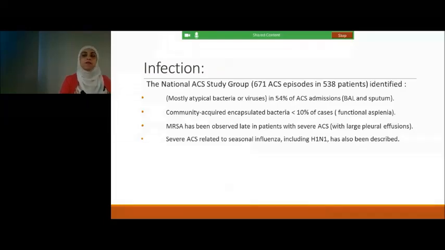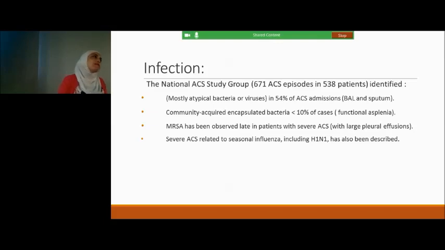And interestingly, they found almost 50% of the patients growing in their BAL or sputum samples atypical bacteria or viruses, compared to less than 10% being community-acquired pneumonia, although we know, ironically, those kids have functional asplenia, right? If they were not splenectomized, medically indicated splenectomy, they at least would have functional asplenia, yet it was only in less than 10% of the cases.